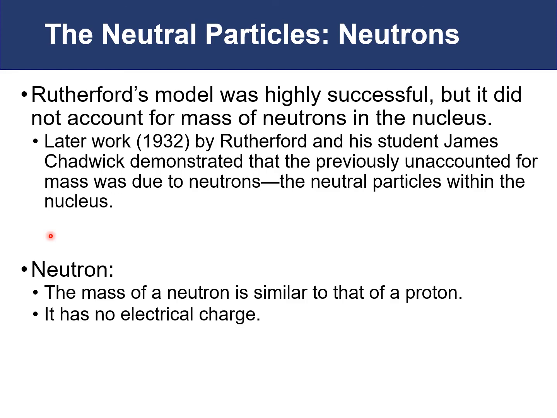To account for the difference in mass, one of Rutherford's students, James Chadwick, demonstrated that some of that unaccounted for mass was due to neutrons, which are neutral particles within the nucleus. The mass of a neutron is similar to the mass of a proton, though it has no electrical charge. So the protons still explain the entire positive charge that is found in the nucleus. The neutrons are there to explain the missing mass.